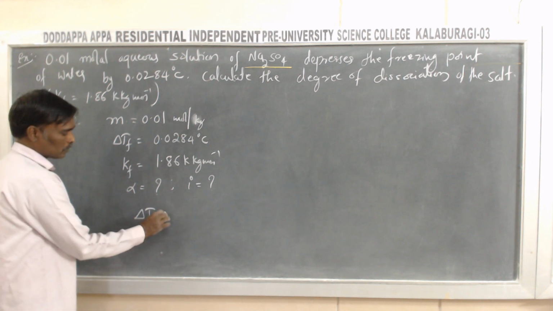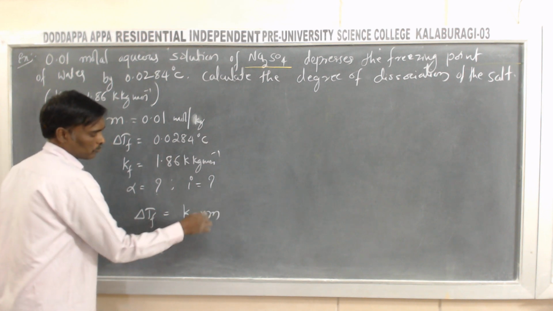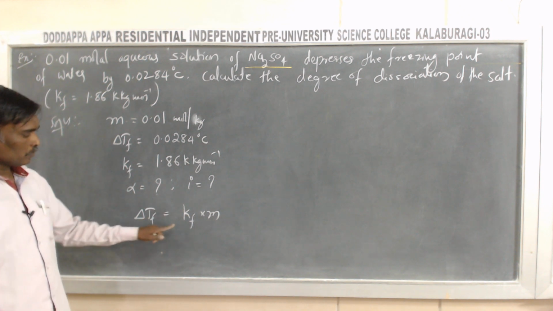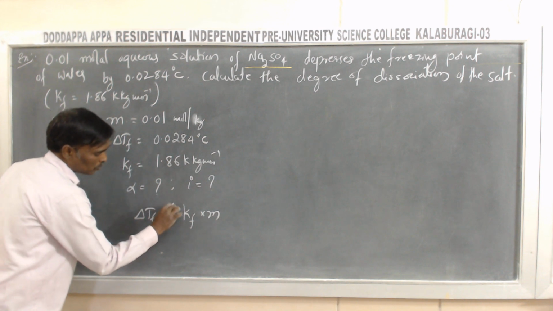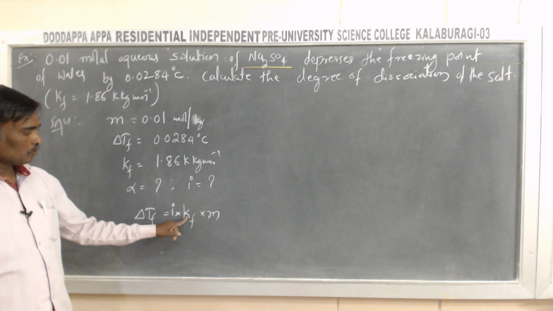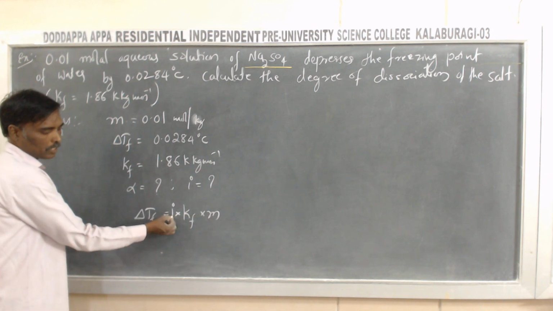Before introducing the Van't Hoff factor, we use this formula: delta TF is equal to Kf into m. Now, since it is a strong electrolyte, we multiply that by i, so delta TF equals i into Kf into m. Substitute these values and calculate i.